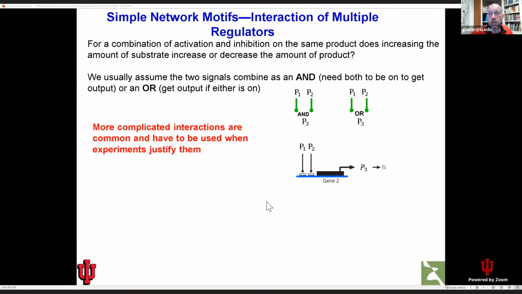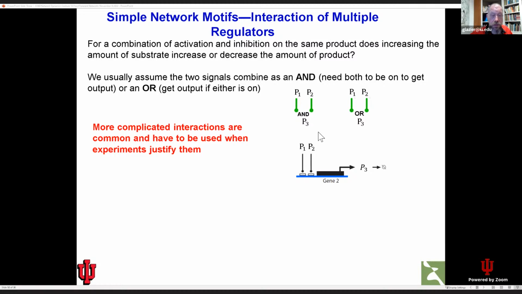In our world, we're just going to assume that P1 and P2 both come into our gene and affect the rate of transcription of P3. And we'll assume that they're both activators to begin with. So what would it mean to say that P1 and P2 modulate P3? That's not a trick question.